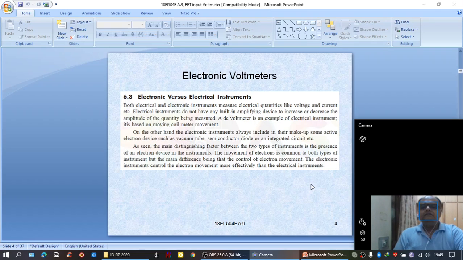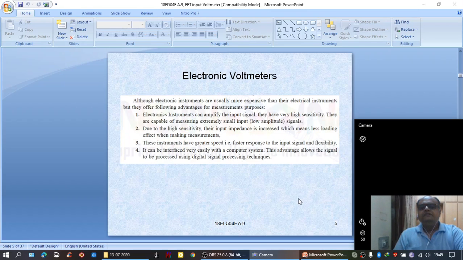So, the electronic instruments control the electron movement more effectively than the electrical instruments. Is that clear? Right. Next. Although electronic instruments are usually more expensive than their electrical counterparts, they offer the following advantages for measurement purposes.